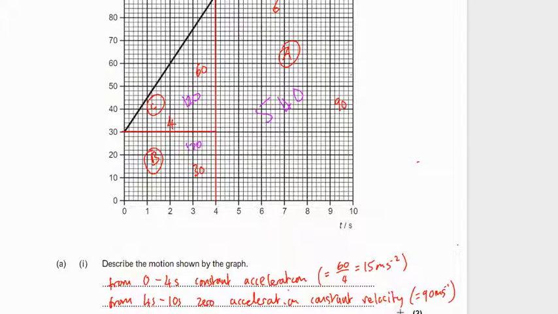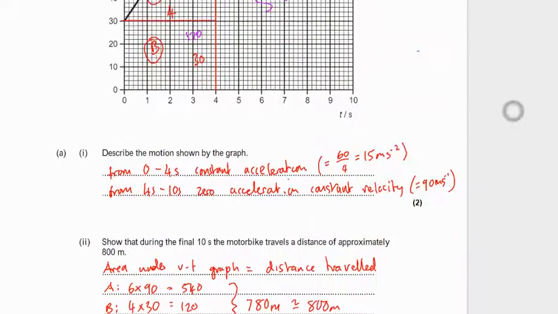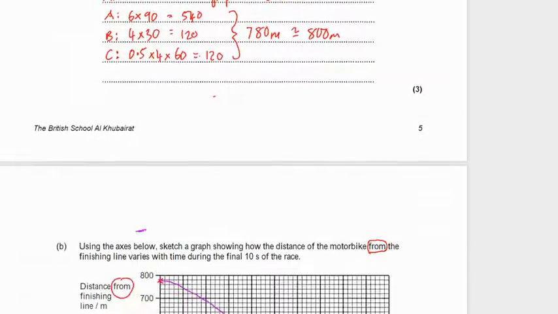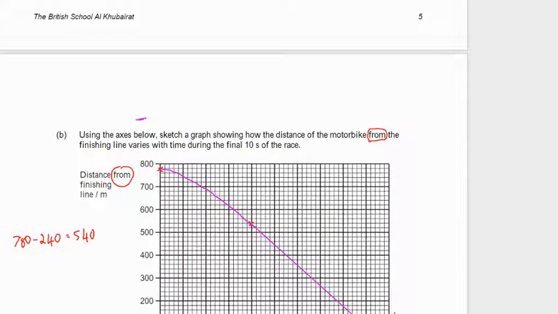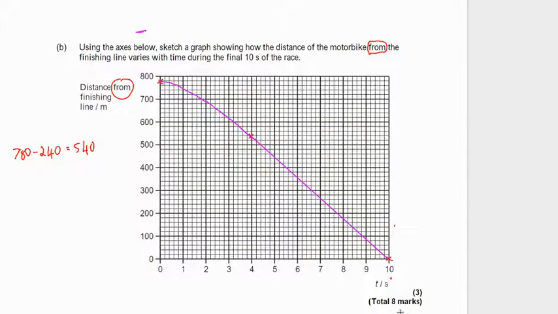That's the area under this section. So if we start off at 780 and we have traveled 240 meters, we will end up 540 meters from the finishing line at 4 seconds. So that point must be on your graph as well.